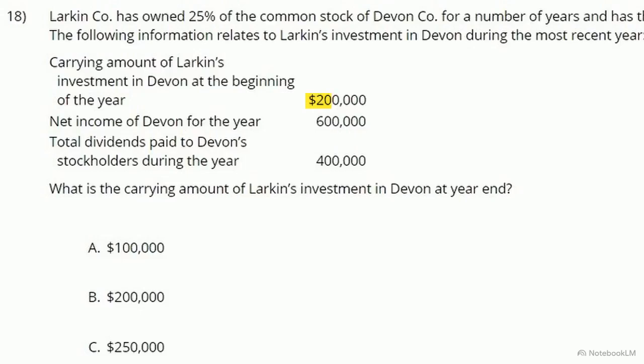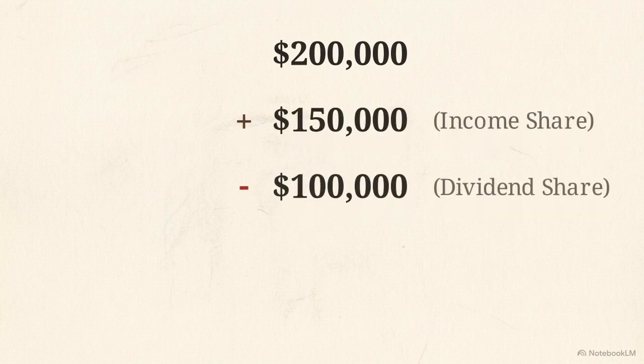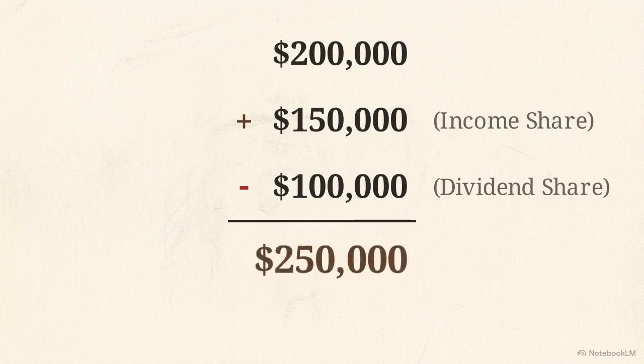Testing our model, Larkin starts with a $200,000 balance. Their 25% share of the $600,000 net income adds $150,000. Finally, their share of the $400,000 dividend removes $100,000. The starting $200,000 plus the $150,000 income share minus the $100,000 dividend share leaves a final year-end carrying amount of $250,000.